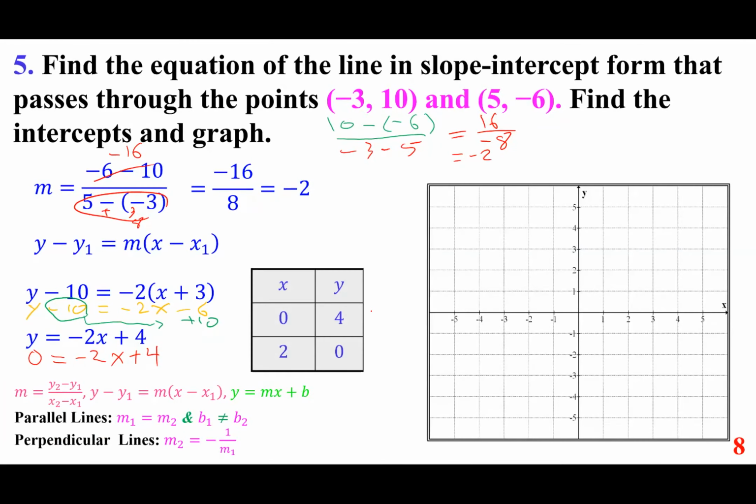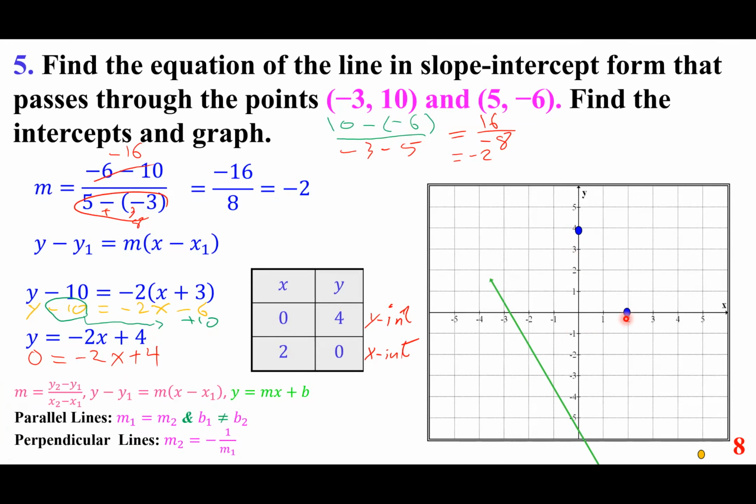And therefore those are the intercepts. So this is the y-intercept. This is the x-intercept. So let's plug in. We have 0, 4, we go 4 up here. 2, 0, we go 2 to the right. So those are the two pairs.